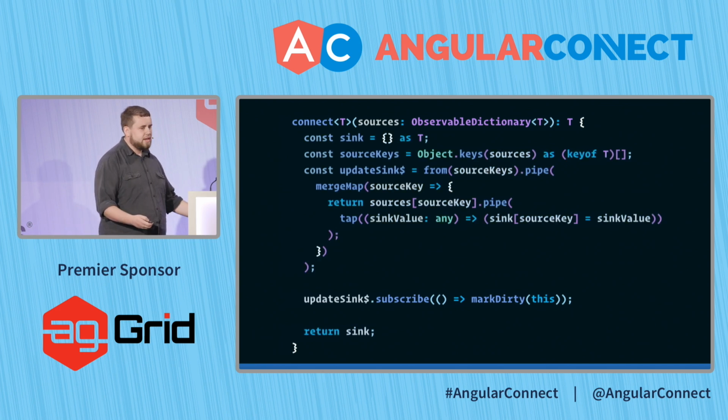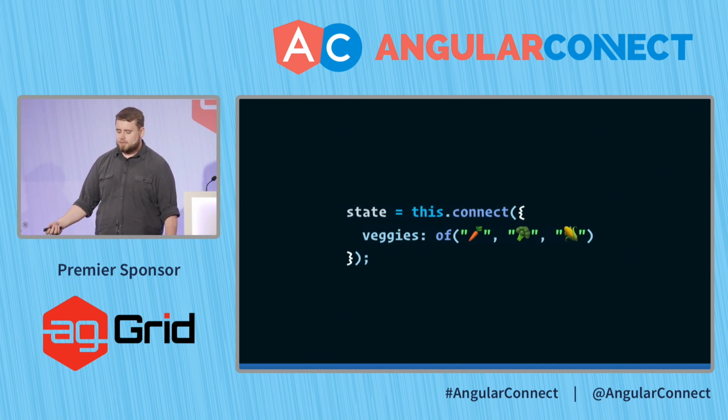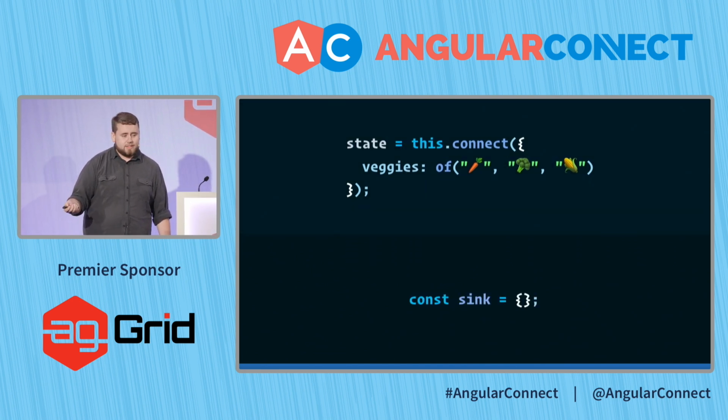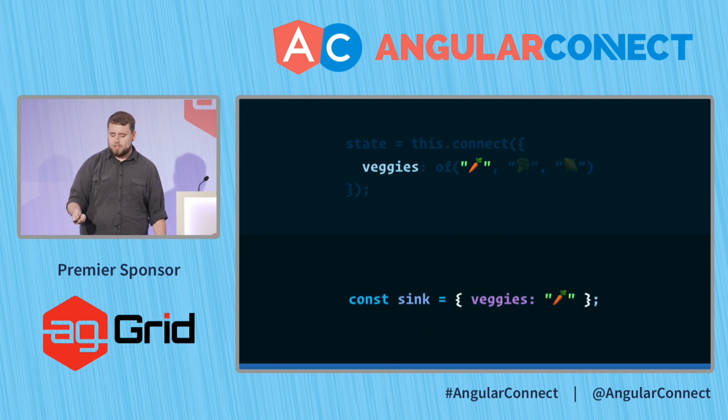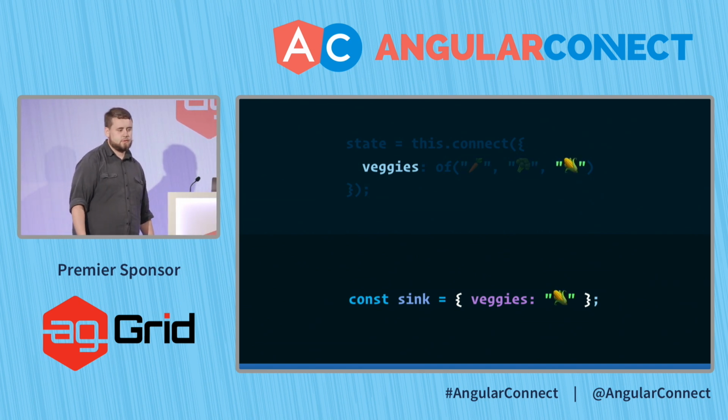It looks a little complex, so let's break down what it's really doing. Let's say you pass in a dictionary that looks like this, where I've got an observable of vegetables. What this will do is subscribe to that observable, and whenever a value changes, it's going to update that value inside of my sink, allowing me to use that value directly in my template.